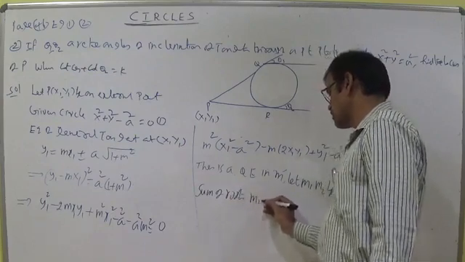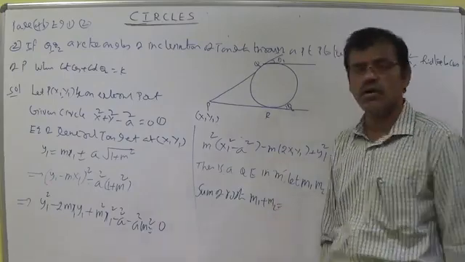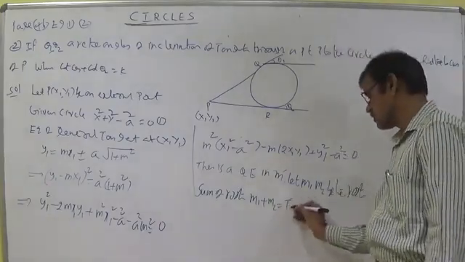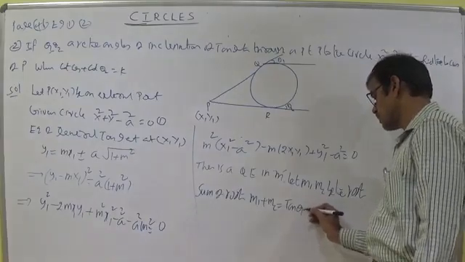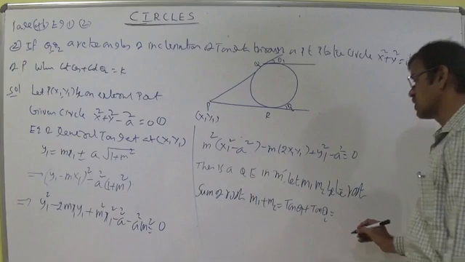Sum of roots means m1 plus m2. We know that the value m is equal to tan theta, so m1 you can write as tan theta 1 and m2 as tan theta 2.